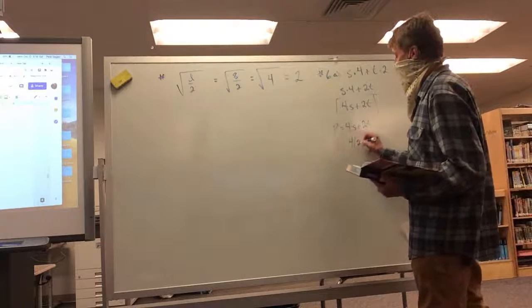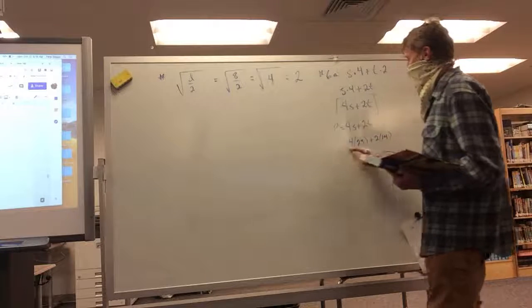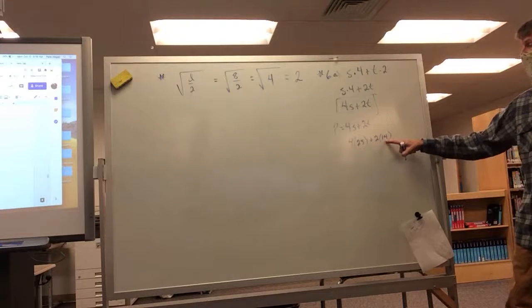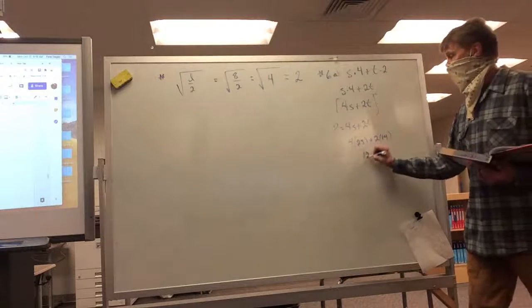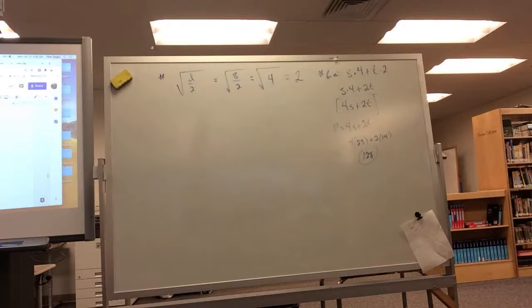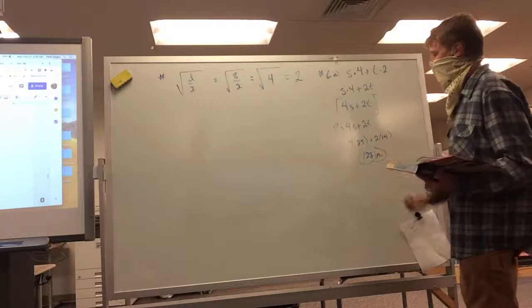We're just going to substitute in. What's 4 times 25? 100. What's 2 times 14? So that's 128. Yeah, that's all. And, oh, they're inches, aren't they? Yeah, so it might be nice to include that.